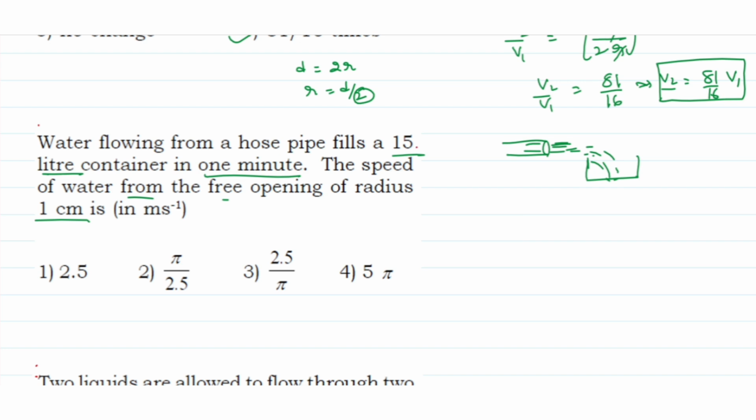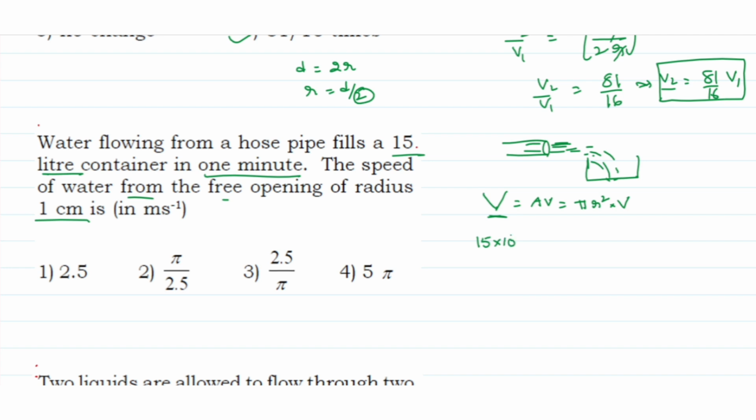Here the volume of the liquid flowing per unit time, according to the equation of continuity, the formula will be area into velocity. Area of the tube is pi r square into velocity V. The volume given is 15 liters. Capital V is the volume of the liquid flowing per unit time.